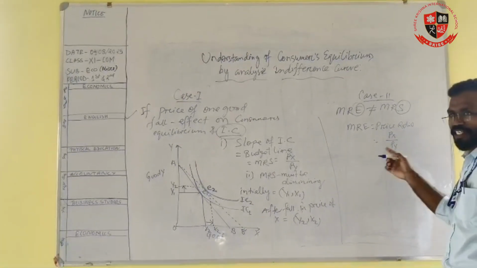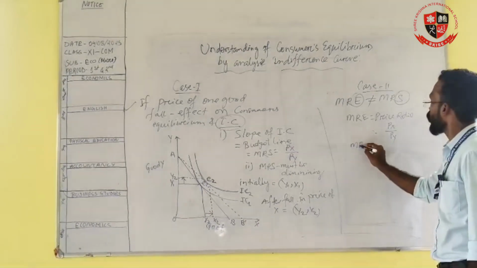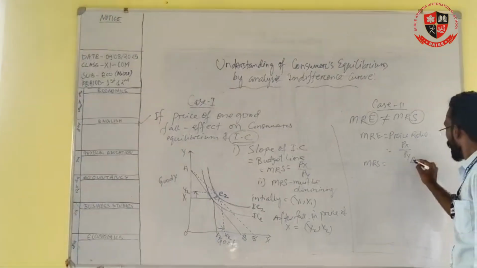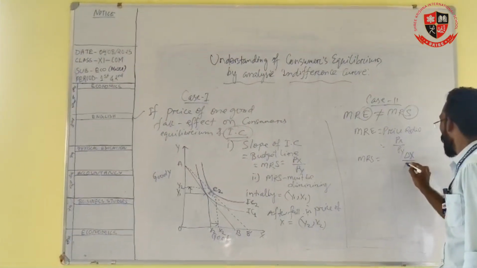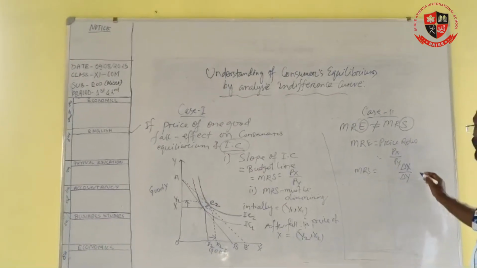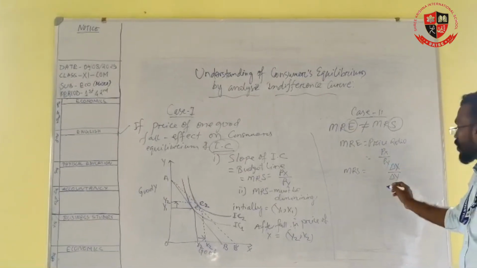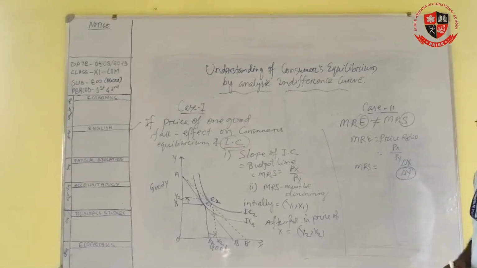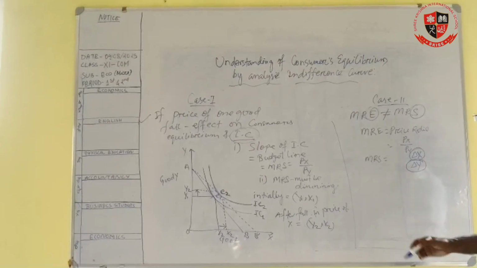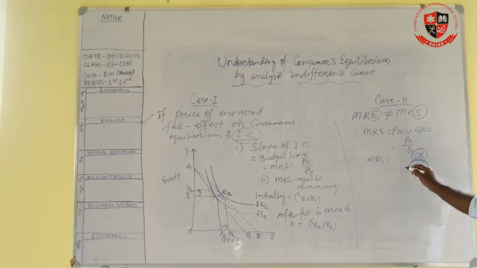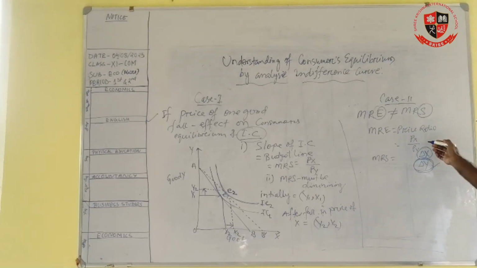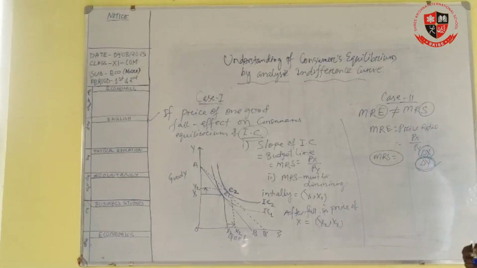It tells about the ratio of prices, and the marginal rate of substitution tells us about the change in X and change in Y, meaning at what rate the consumer is willing to exchange one good for another. Suppose he wants to gain X, then he has to sacrifice Y. If he wants to gain Y, then he has to sacrifice X. So this tells us about the marginal rate of substitution.